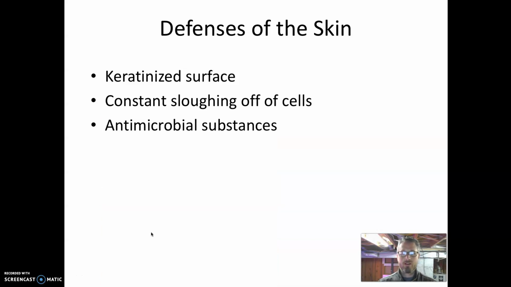So what else? Our skin is also rich in all sorts of antimicrobial substances or chemical defenses. So the chemical defenses of the skin are pretty straightforward. There is a chemical called sebum. Sebum is really important in the pathogenesis of acne, and so we'll think more about sebum later.